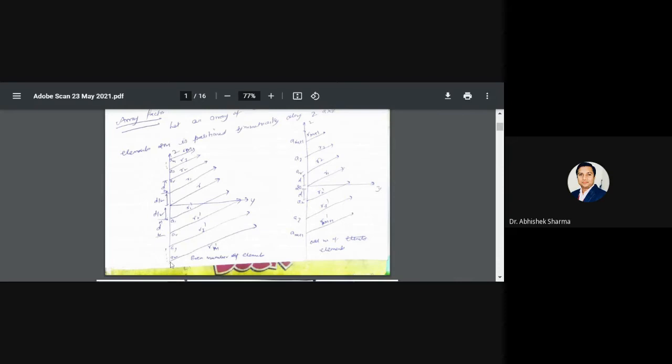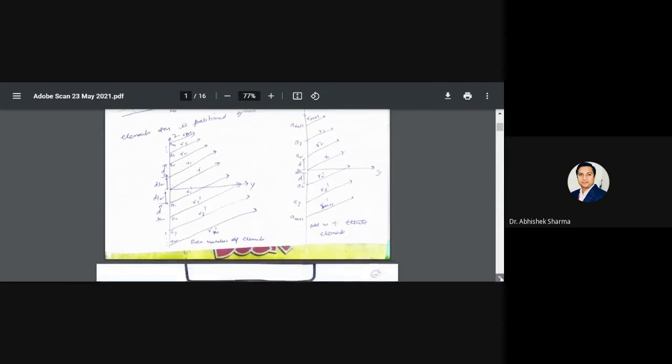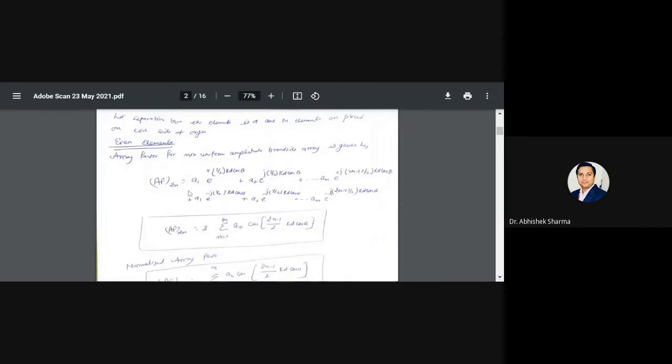In the last lecture we have studied that the field at a particular distance from an array of elements is equal to the sum of the fields due to individual elements. So we have just added the array factor of each individual element, and we get the array factor for even elements, that is AF2M. As a general expression, we can write AF2M is equal to 2 summation n is equal to 1 to M an cos of (2n minus 1) by 2 kd cos theta.